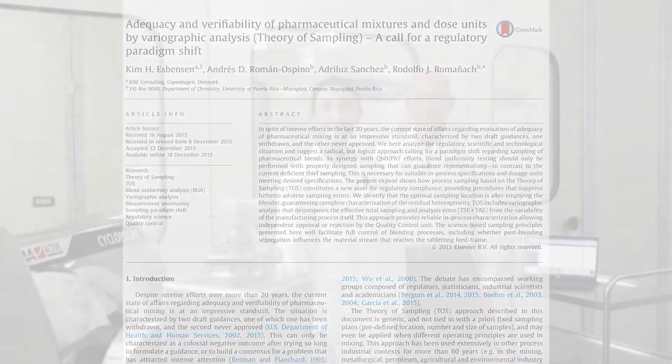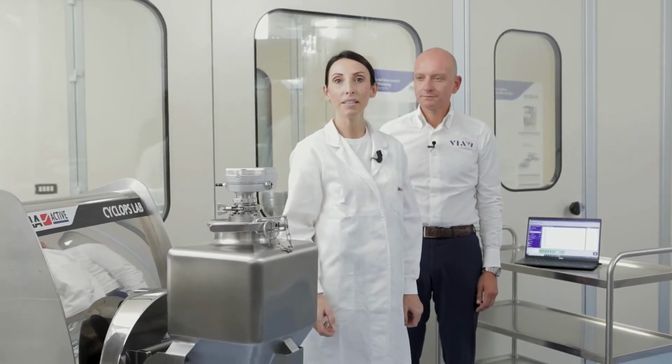Let's now get to the equipment. Cyclops is a bin tumbler designed for blending and homogenizing powders and granules for pharmaceutical, food and chemical industries.